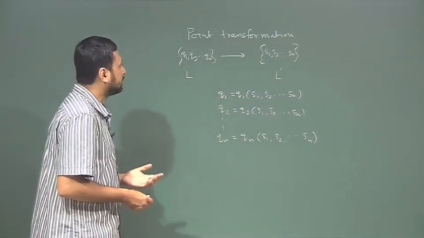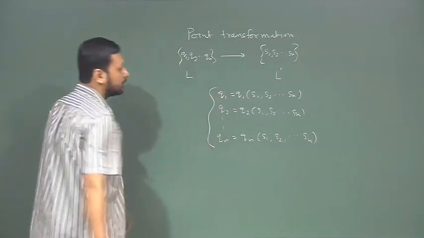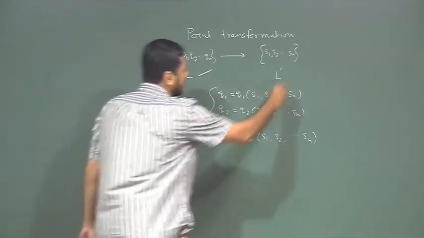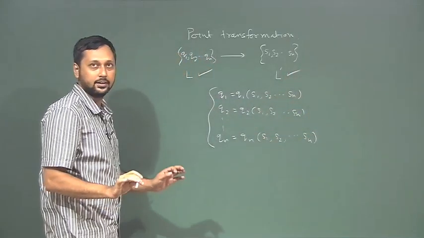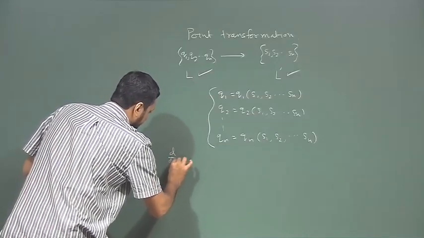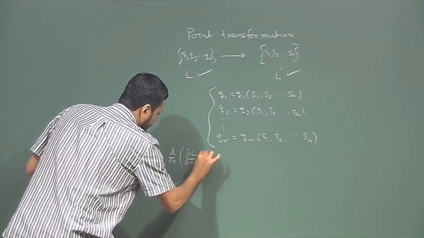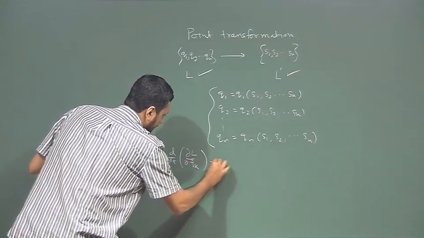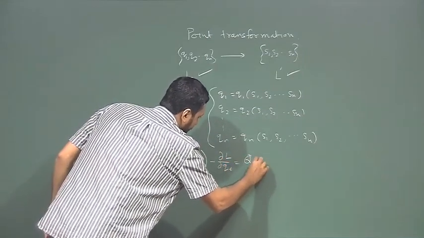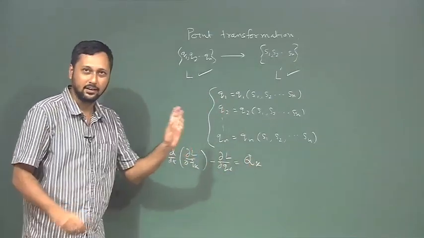So, the concept of point transformation is that if this type of transformation equation exists, then if L is a valid Lagrangian, L prime will also be a valid Lagrangian. Little more formally, if L gives you the equation of motion in the form d/dt of del L del qk dot minus del L del qk equal to Qk, Qk being the generalized force, I am just writing it in general form.